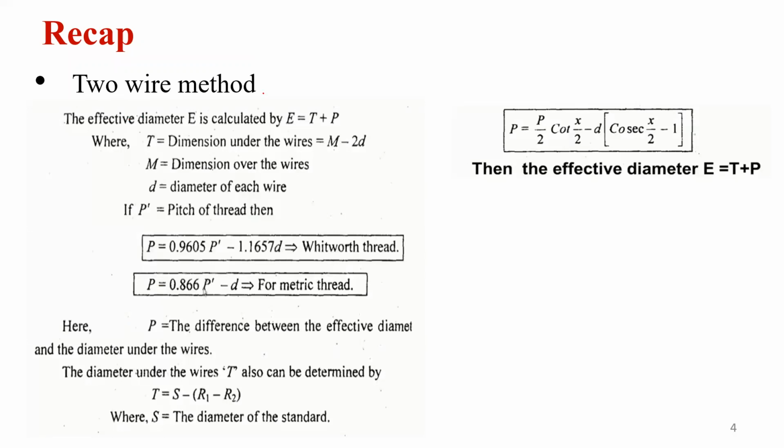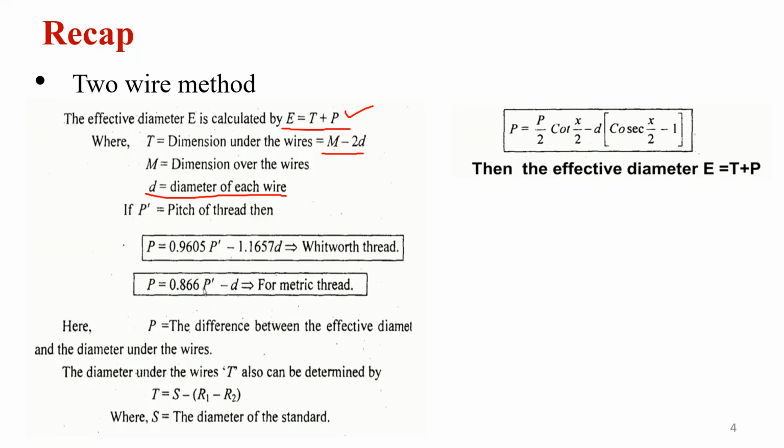And then we discussed the 2-wire method. In this, the effective diameter is calculated by using this formula: E is equal to T plus P, where P is the correction factor, and the T value is calculated as M minus 2D, where M is the dimension over the wires, and D is the diameter of the wire.